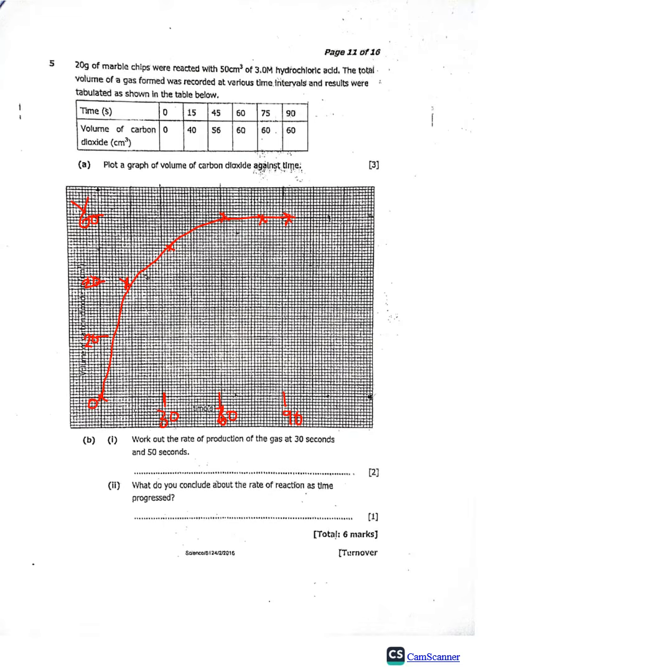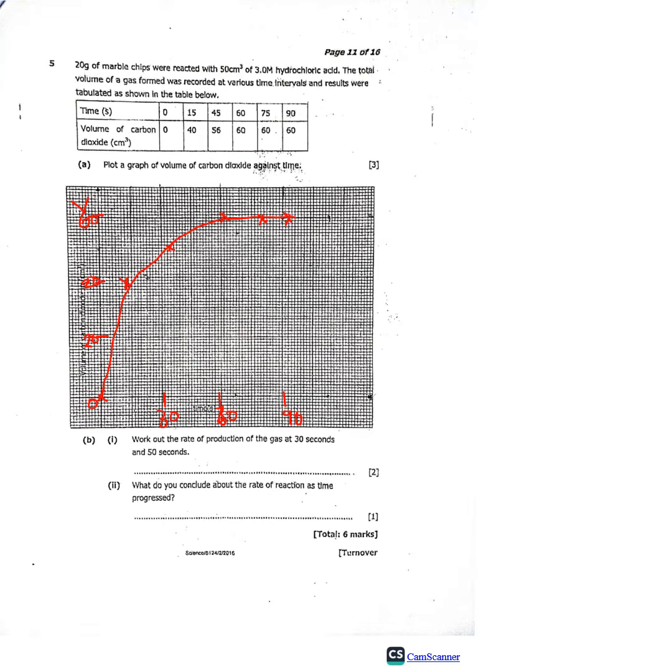From the graph, we can see that as time proceeded, the rate at which gas was produced started to reduce until the volume remained constant. You can see that we have 60 cubic centimeters at 60 seconds, 60 at 75. The time kept on elapsing while the volume of carbon dioxide remained constant.